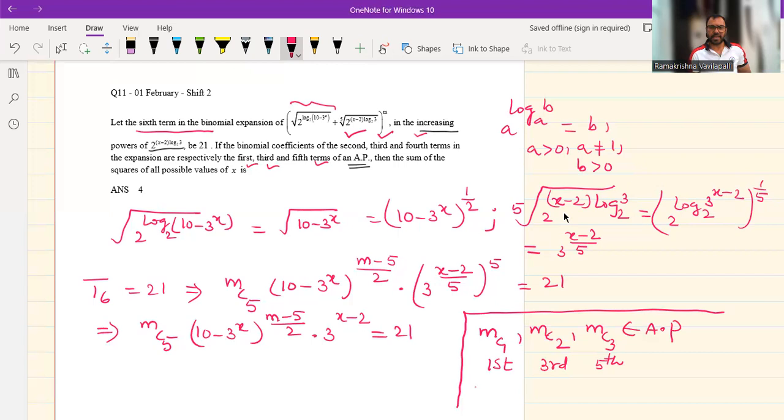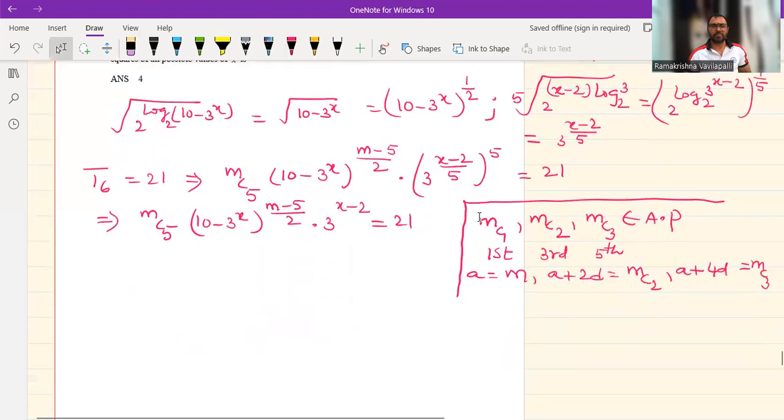So here a equal to mC1, a plus 2d equal to mC2, and a plus 4d equal to mC3. So we have to solve for m, then the problem will be over.